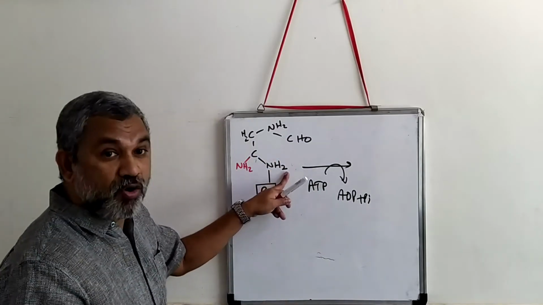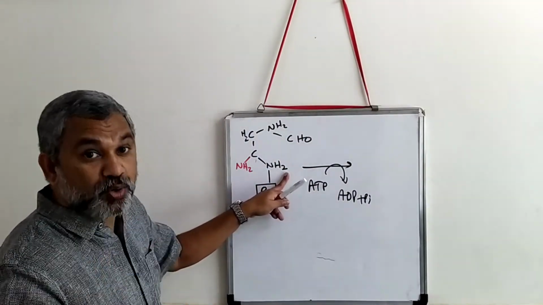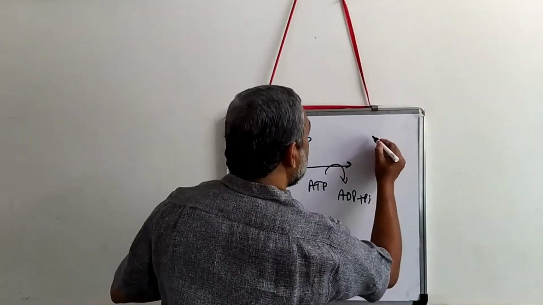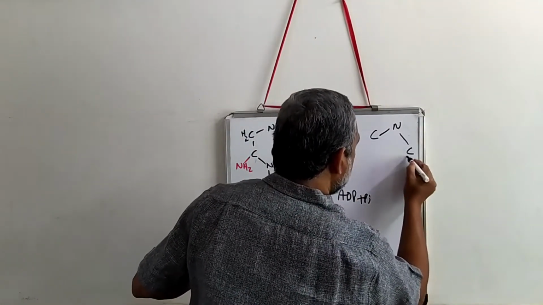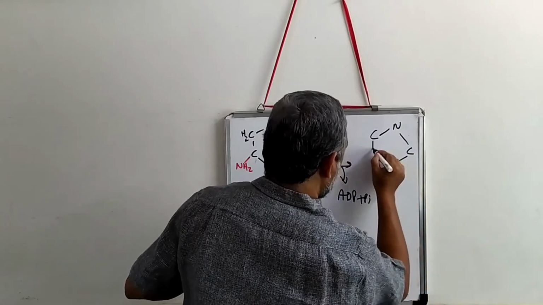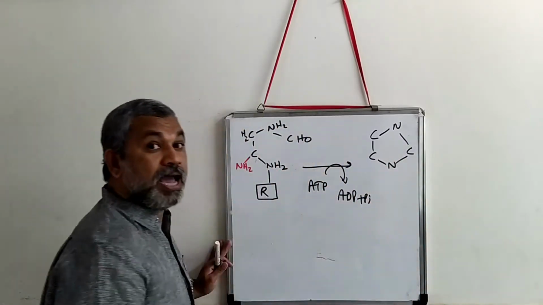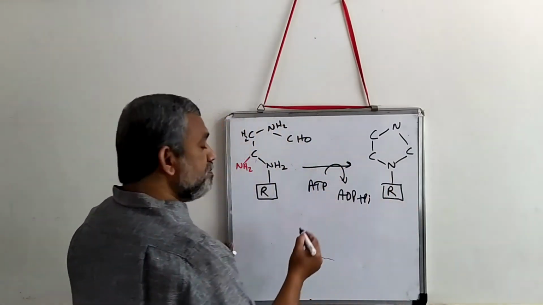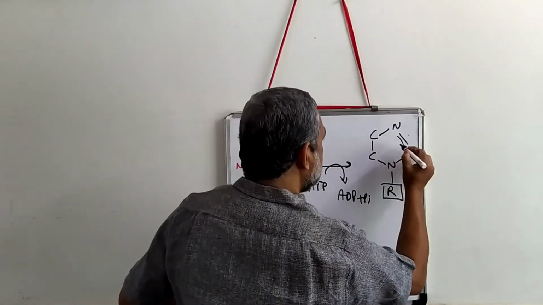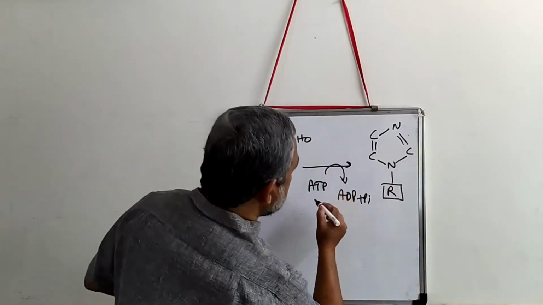Closure of this ring occurs, a molecule of water is released, and you will have CN. An imidazole ring is formed. This will be in the ribose structure. An imidazole ring is formed, and this forms like this.